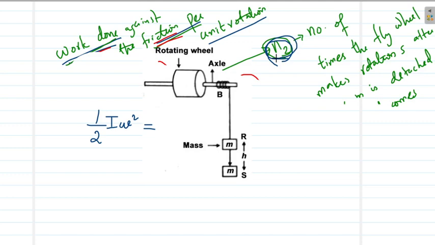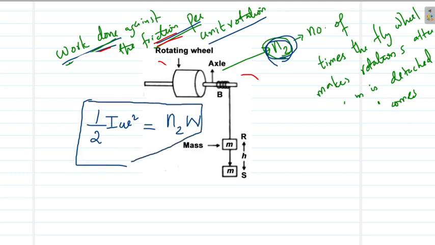So we have already stated that the flywheel makes N2 rotations during this time. And since during each of the rotation W energy is lost, we can say that during the second half, after the time when this mass detaches from this axle, we can equate half I omega square with N2 into W. This is also a form of law of conservation of energy.